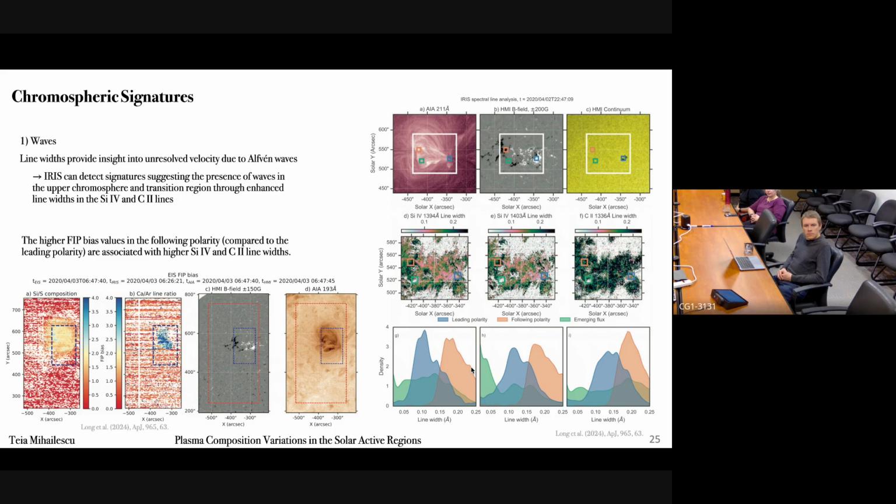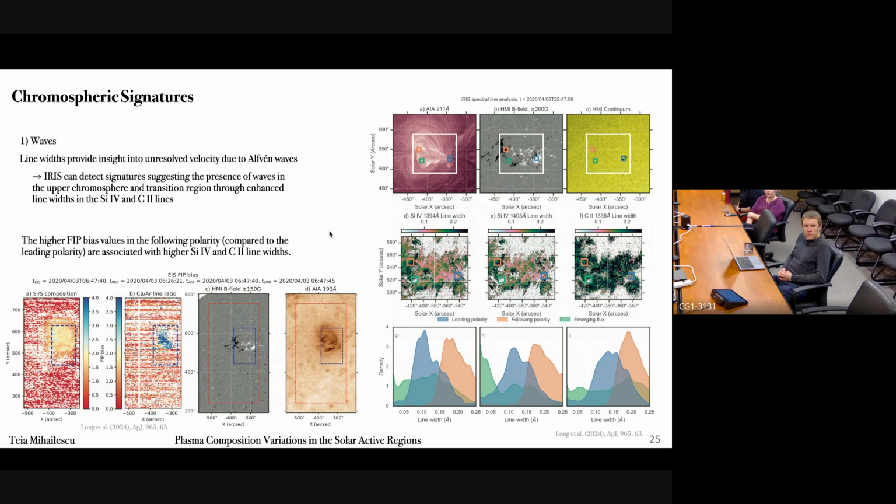We're modeling the chromosphere and then observing the corona, so we're trying to fill in that gap and observe signatures in the chromosphere of the waves that are supposedly creating the fractionation process.